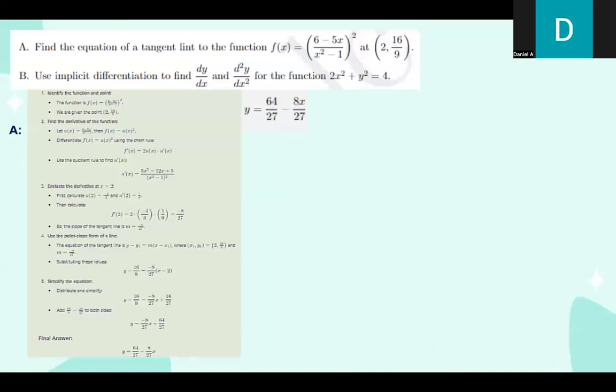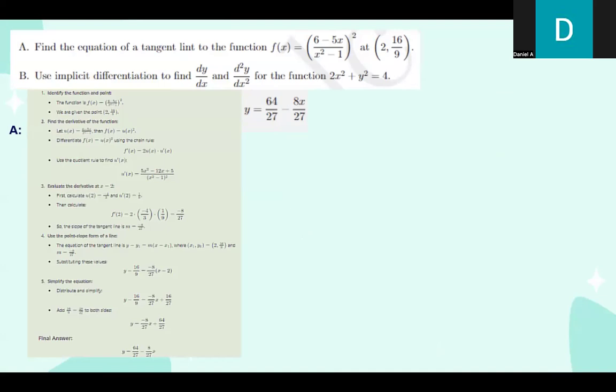Now, we are solving for part A, which is: find the equation of the tangent line to the function f(x) = ((6 - 5x)/(x^2 - 1))^2 at the point (2, 16/9).